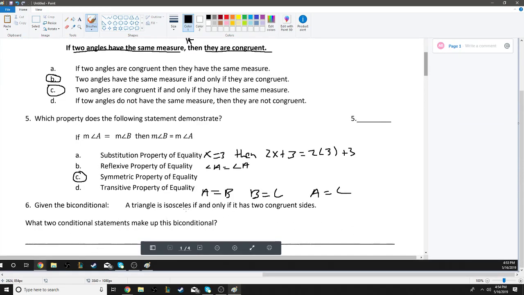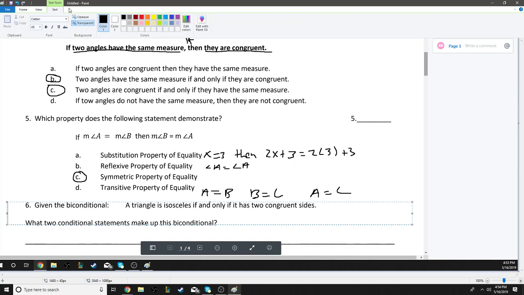So the biconditional, what are the two that make it up? Because my handwriting is awful when it comes to this, I'm going to type it instead. So the first one is going to be if a triangle is isosceles, then it has two congruent sides.